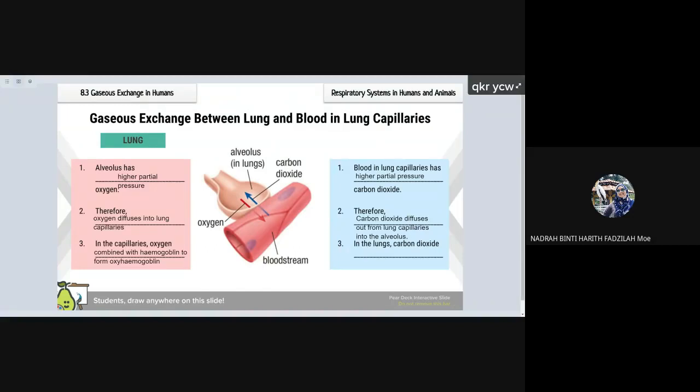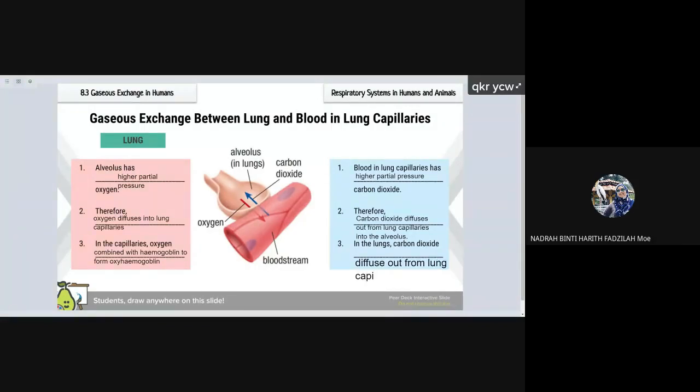So, what are the ways to transport carbon dioxide? There are 3 ways. We will discuss that in the next slide. But for this particular statement, the explanation is: in the lungs, carbon dioxide diffuses out from lung capillaries into the alveolus and is expelled through the nose and mouth.